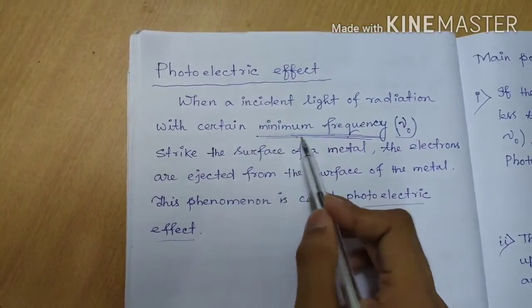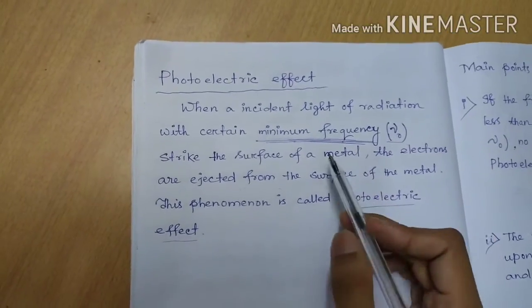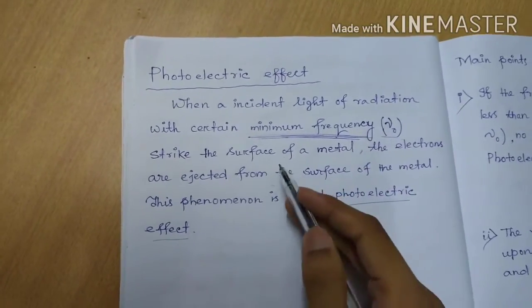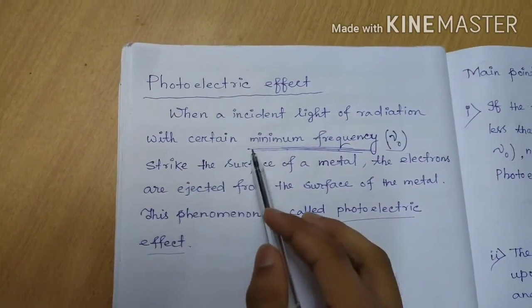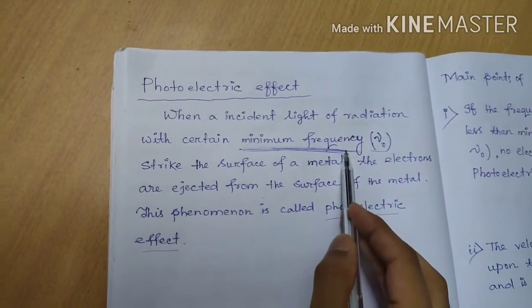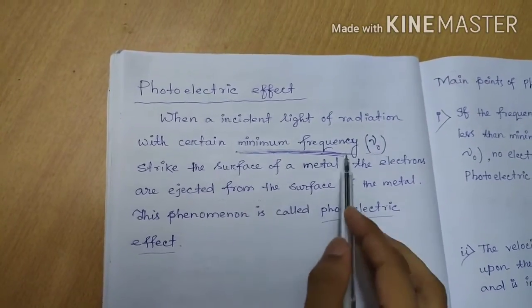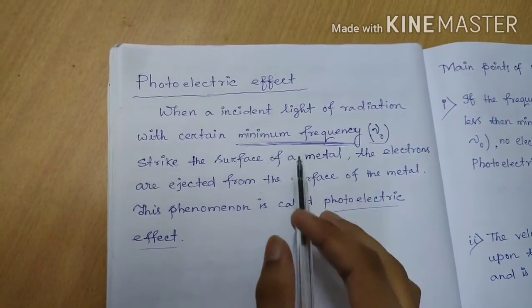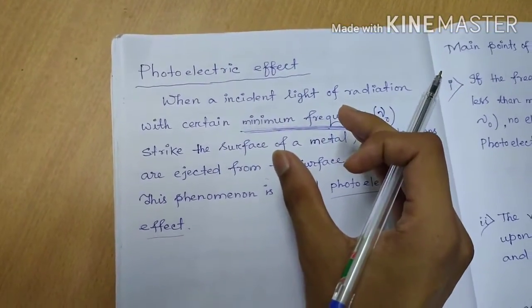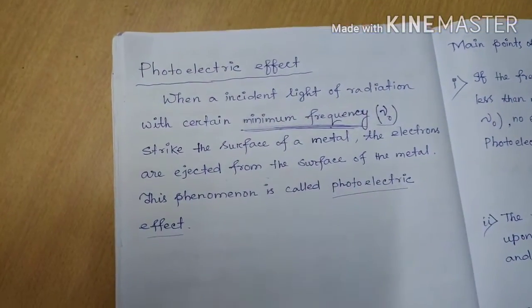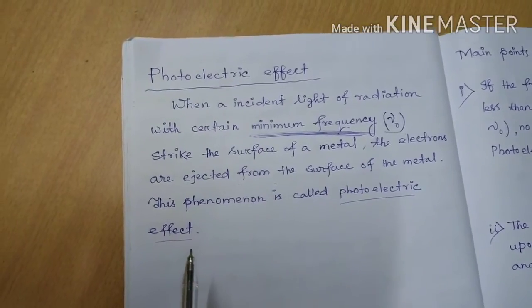Below that minimum frequency, the electron will not be ejected from the surface of the metal. So this is the required frequency. Minimum frequency means the required frequency of the incident light for ejecting electrons from the surface of the metal.